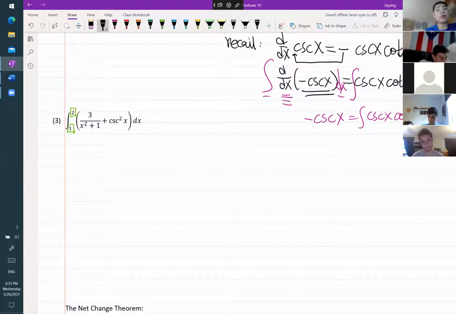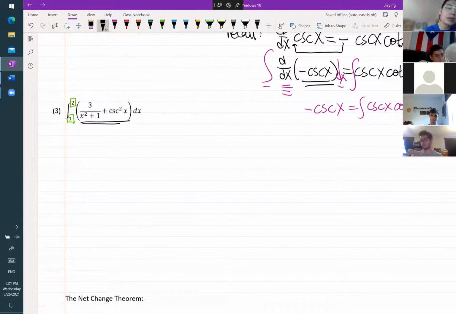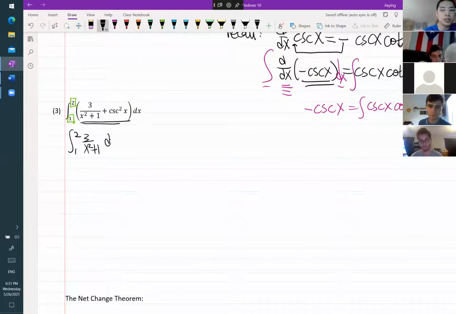So I'm going to have to integrate this, but the first thing is that we take this function, we need to find the antiderivative. Okay, so we basically need to integrate each part separately. So I'm going to use slightly different notation from what we did last time. I'm just going to separate this integral as integrating from 1 to 2 of 3x squared plus 1 with respect to x, plus integrating from 1 to 2 cosecant square x dx.